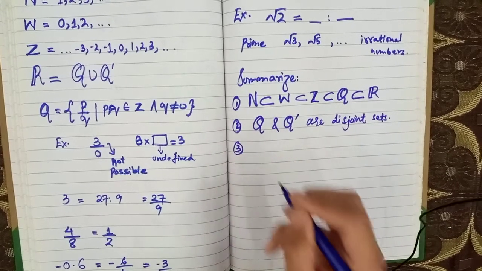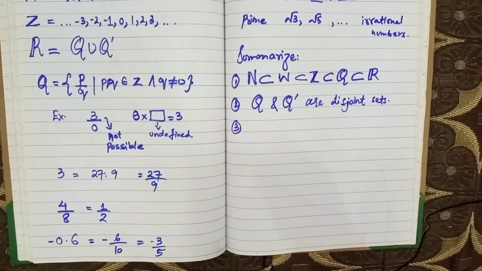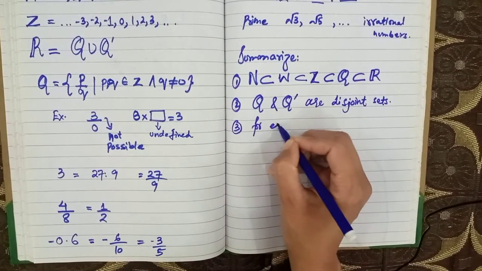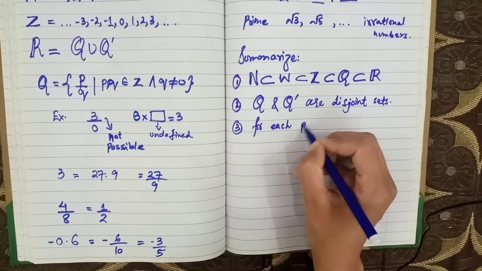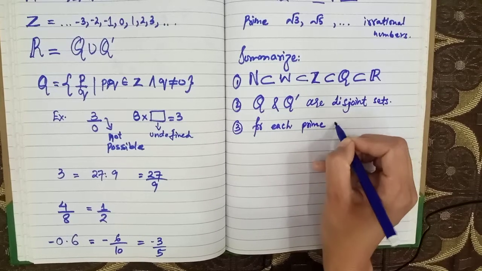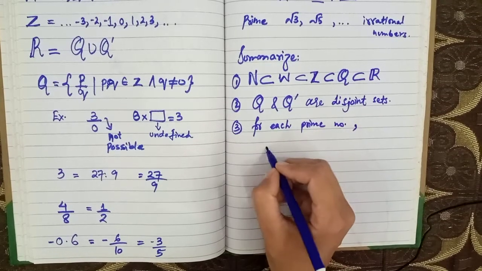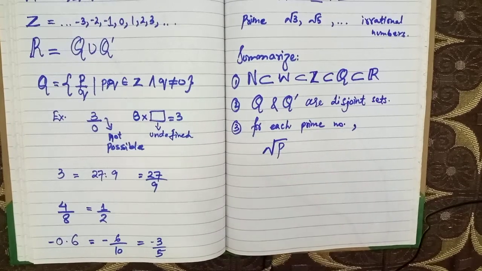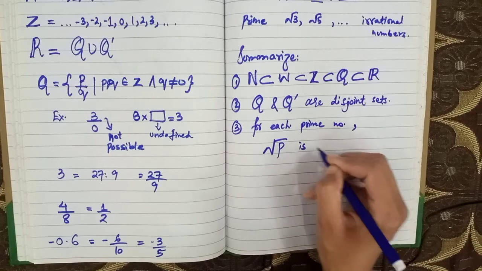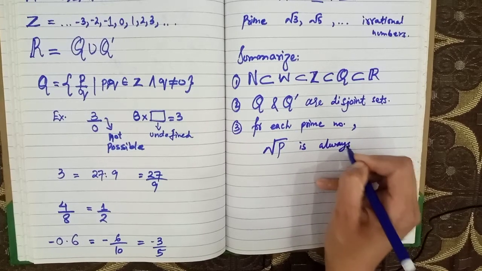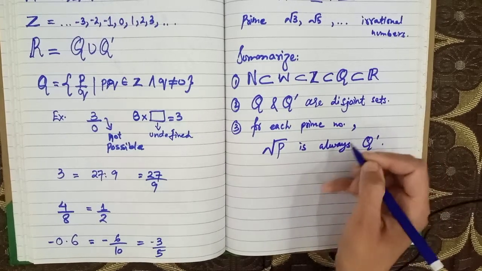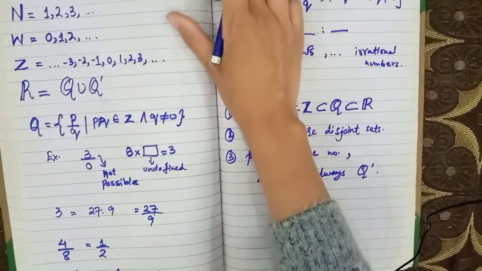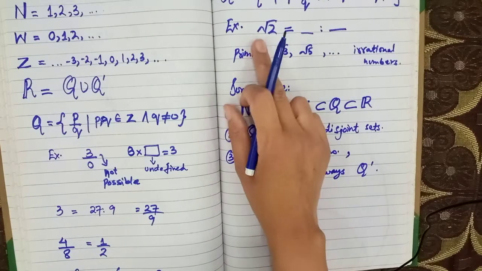Point number 3: for each prime number, the under root of a prime number is always irrational. I took the example under root 2 there and now I am explaining again.